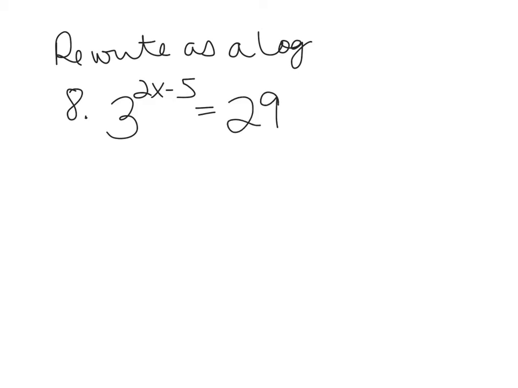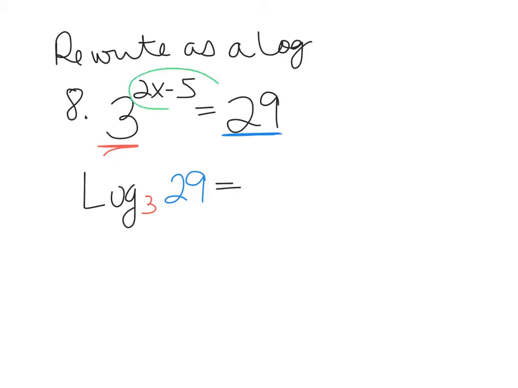The base of our exponent is going to become the base of my log, so that becomes log base 3. What it's equal to goes inside the log, 29. And now my exponent goes on the other side, 2x minus 5. So the log base 3 of 29 equals 2x minus 5.